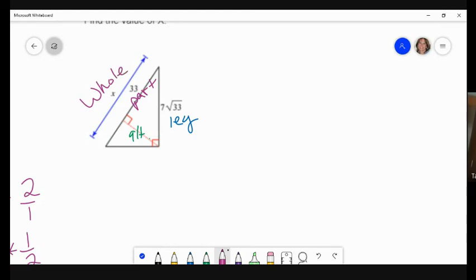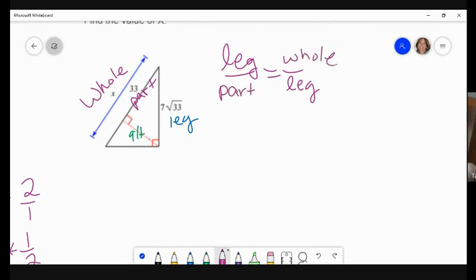For this particular setup, we're going to want to use the case where the leg is our geometric mean, and it's the part to the whole hypotenuse. And again, on this one, we end up with all these radicals.